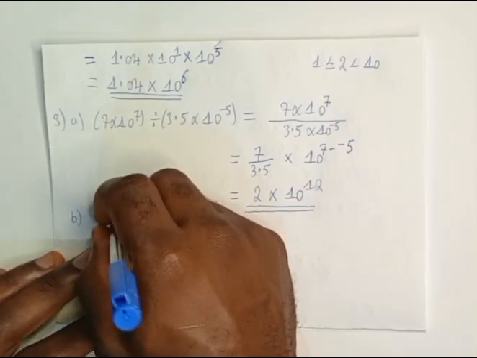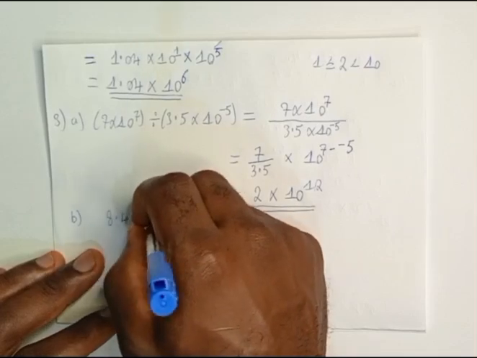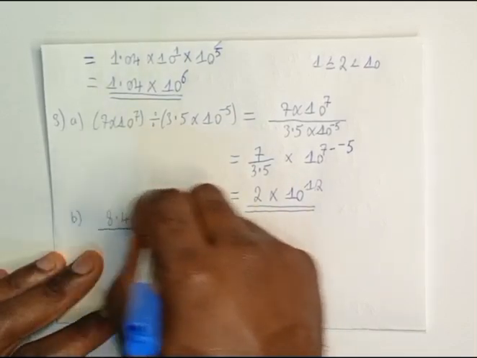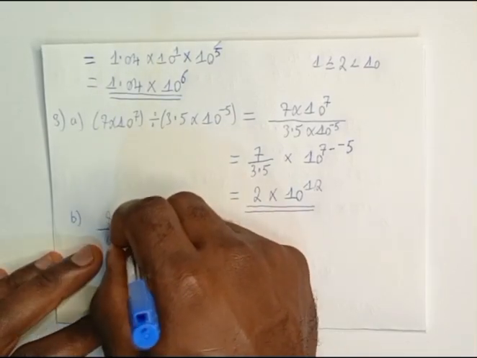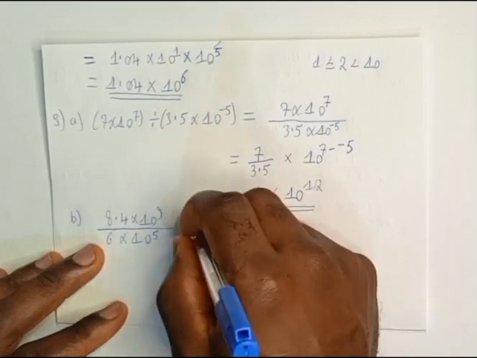Question B, we have 8.4 times 10 to the power 9 divided by 6 times 10 to the power 5.